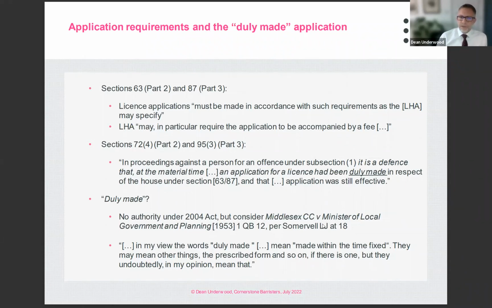And in this context, certainly in the context of licensing enforcement, a question often arises as to when an application is duly made.